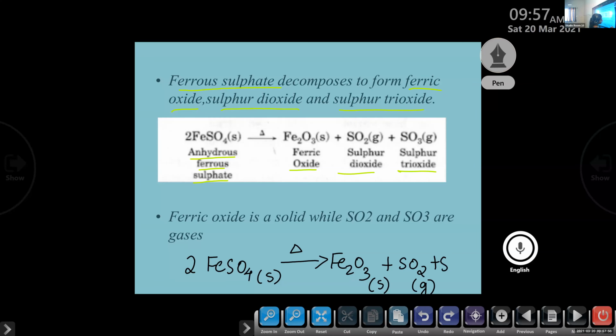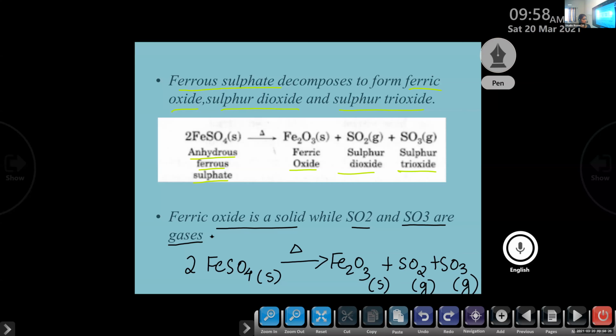Then sulfur trioxide, that's also in gaseous state. So the anhydrous ferrous sulfate decomposes to form ferric oxide, sulfur dioxide, and sulfur trioxide. Fe2O3 is in solid state, while SO2 and SO3 are gases.